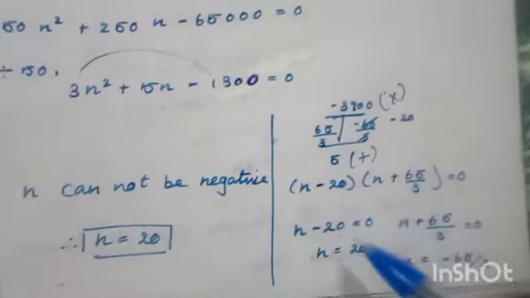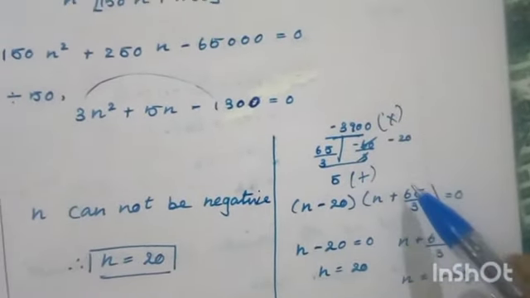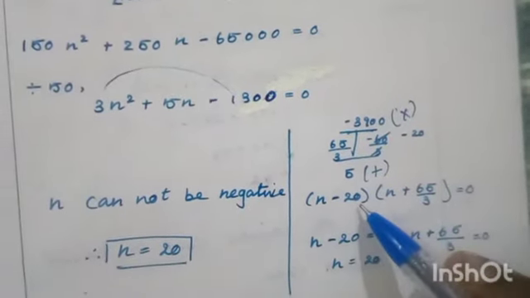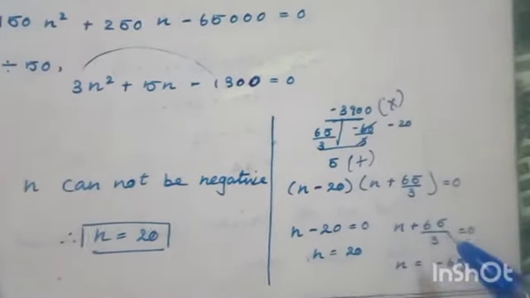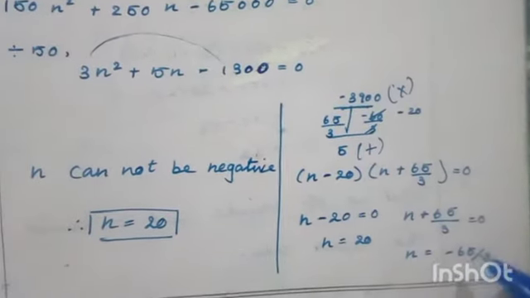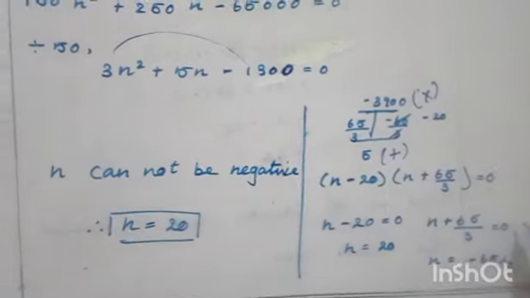So you have to write the factors: n minus 20 into n plus 65 by 3 equal to 0. The first factor, n minus 20 equal to 0, so n equal to 20. Next, n plus 65 by 3 equal to 0, so n equal to minus 65 by 3, transposing to the right hand side.